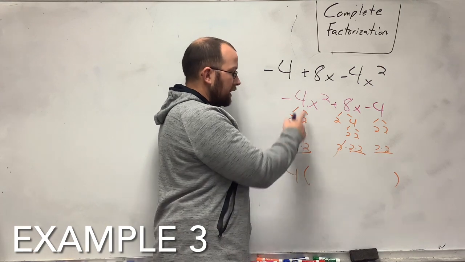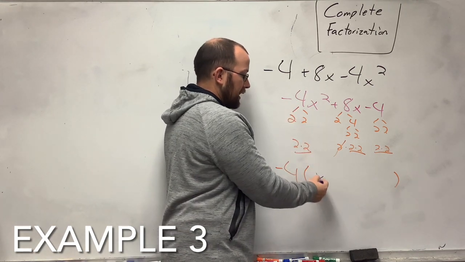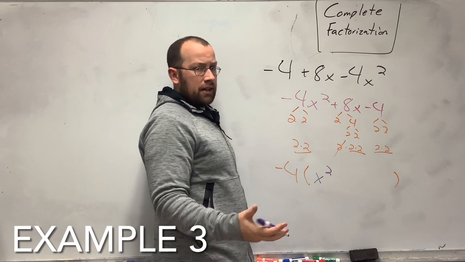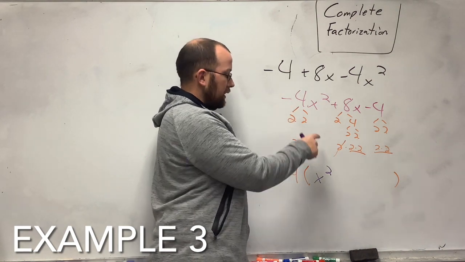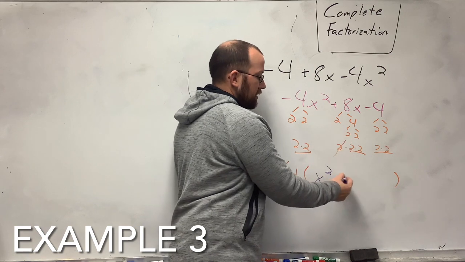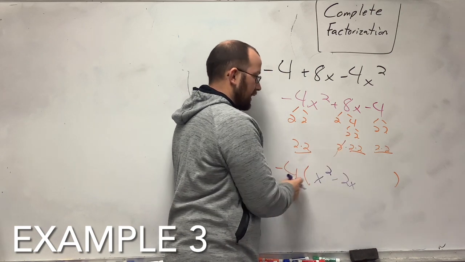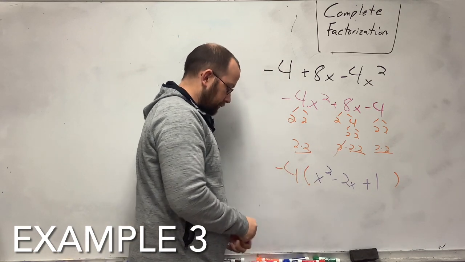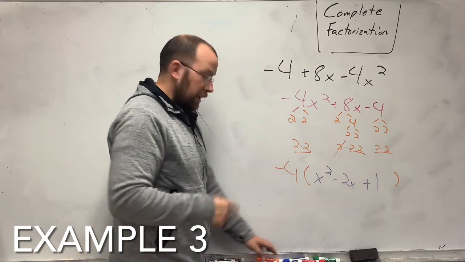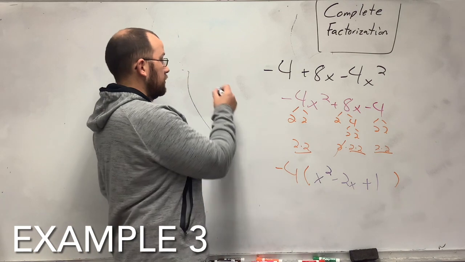So then I divide negative 4 by negative 4, and that gives me x squared. Again, if this is negative, always take the negative out with it. Negative 4 divided by 8 gives me negative 2x. Negative 4 divided by negative 4 gives me positive 1. So put it in order and make sure you take the negative out with it.